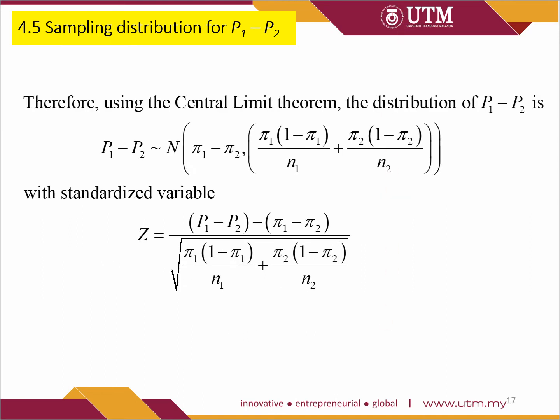Therefore, using the central limit theorem, P1 minus P2 follows normal, given the mean is pi1 minus pi2 and the variance is pi1(1 minus pi1) over n1 plus pi2 times (1 minus pi2) over n2. The standardized variable is P1 minus P2 minus the mean, divided by the standard deviation of the difference of the proportions.